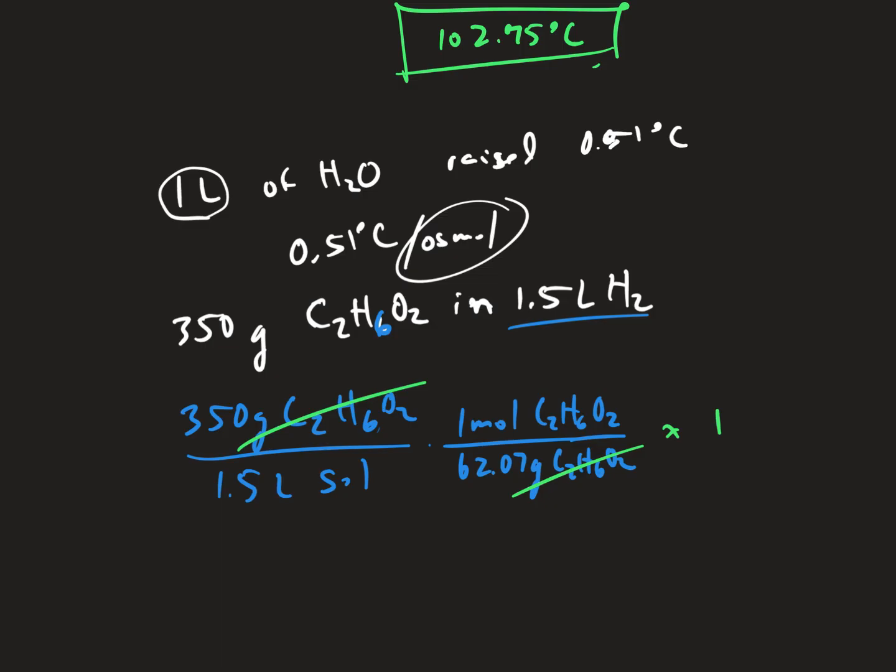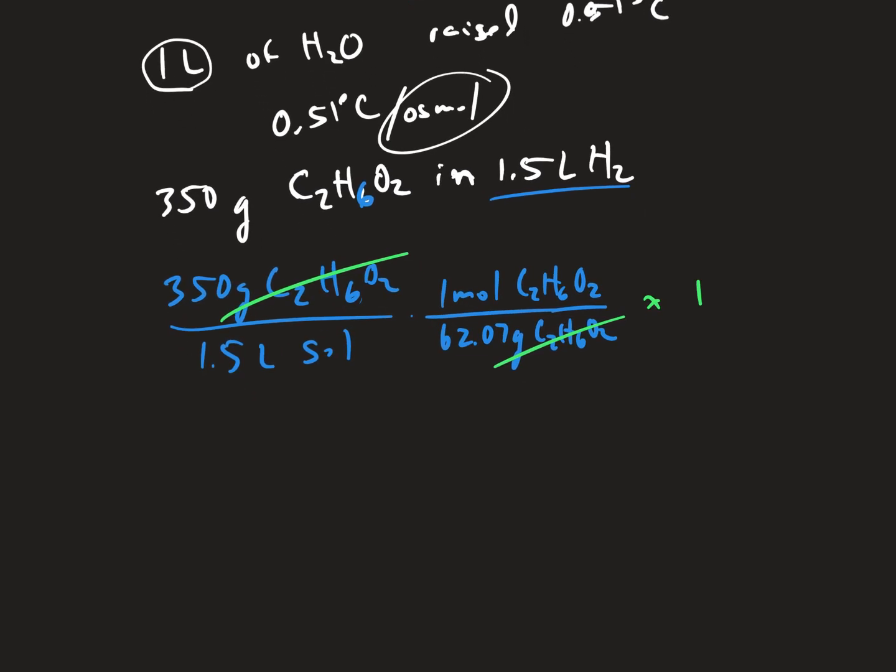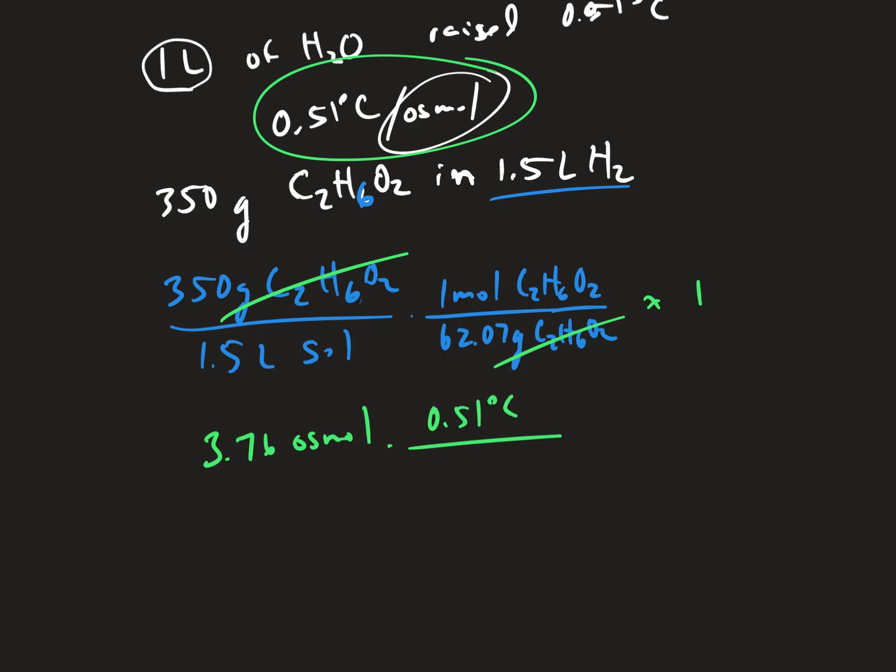All right, so really there's our molarity, which is equal to the osmolarity. And so that is 3.76. And then we can use this here, 0.51 degrees Celsius per osmol.